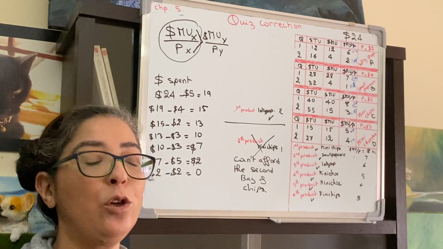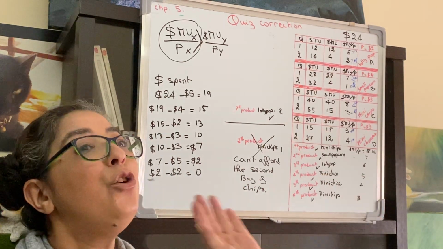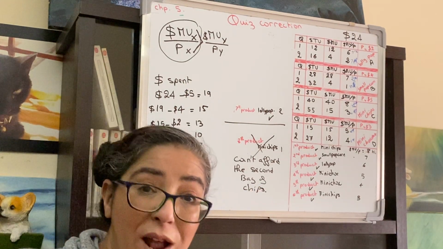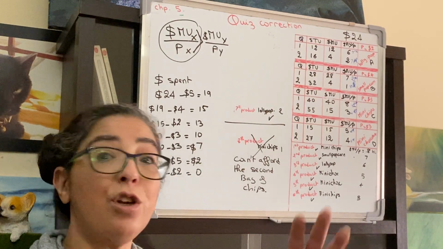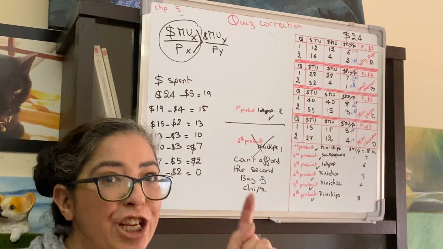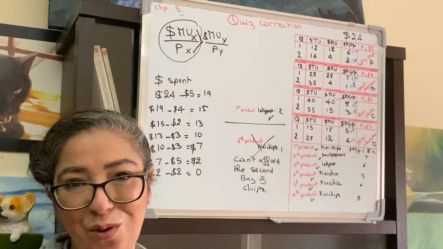That's when you have one good. When you have many goods to compare, you're gonna have to use this formula, dollar marginal utility over the price for all the units of the goods in order to see where the highest satisfaction for each dollar lays, and then you take the highest ratio.